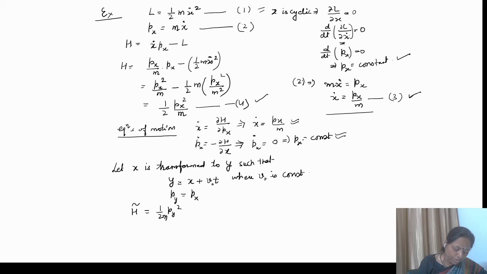And what are the equations of motion? This is one way of finding these equations of motion. Equations of motion will be y dot equals x dot plus v naught. This is from 5.